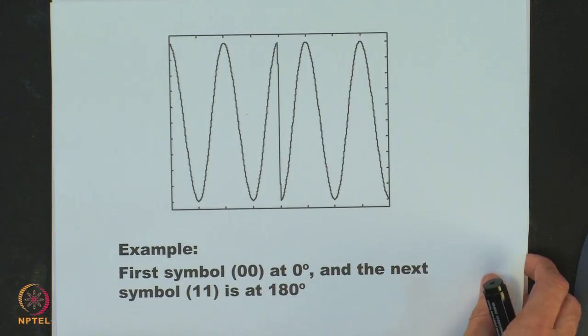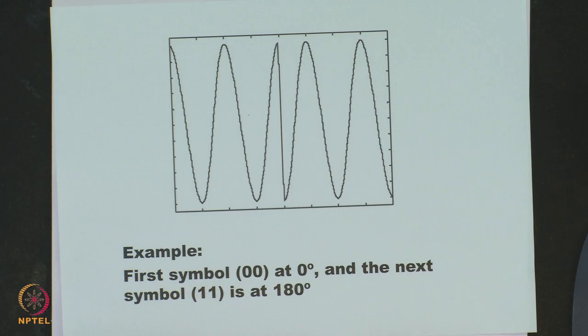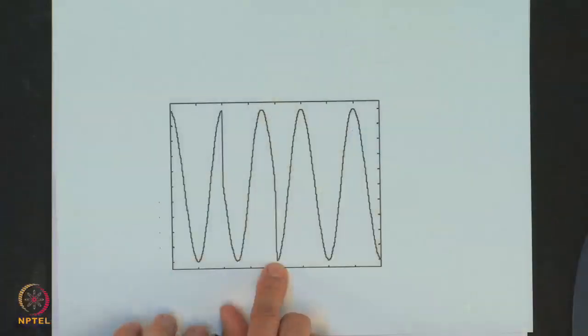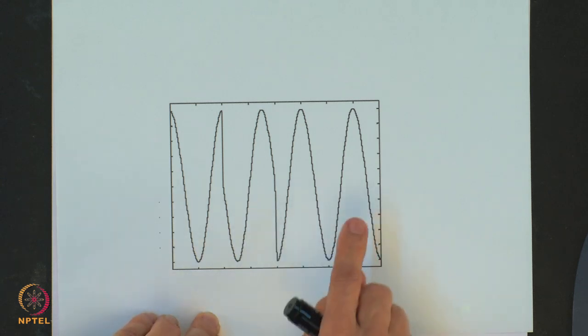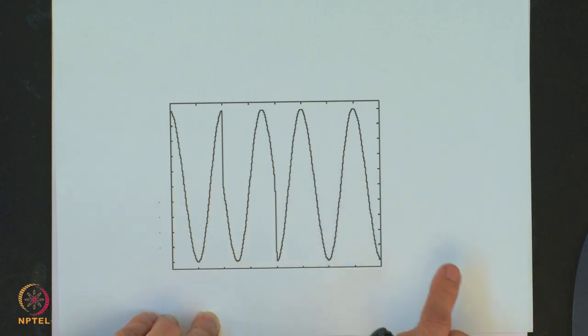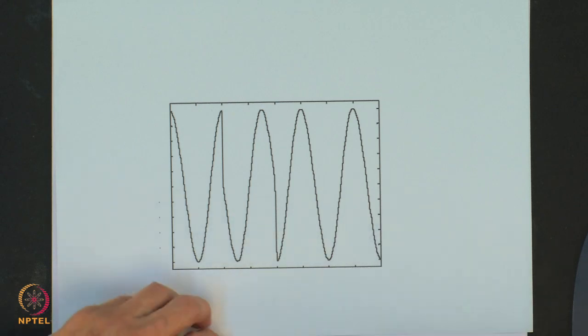Now, if we were to do the same thing with the help of offset QPSK, the figure would be something like this. Here you will see that using an offset approach, first symbol 0 0 is at 0 degrees, then an intermediate symbol will come at 1 0, which will be at 90 degrees, then the next full symbol 1 1 at 180 degrees.